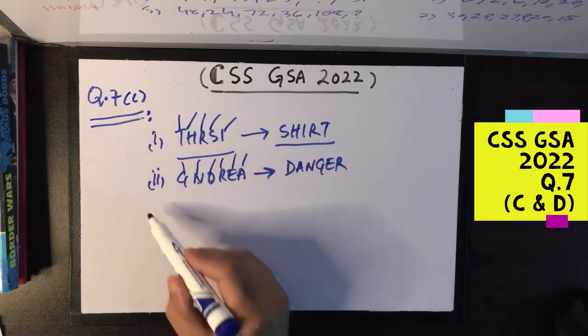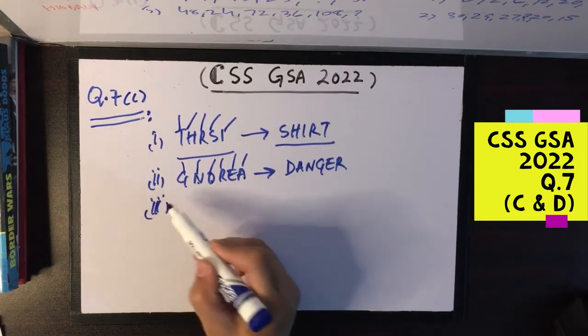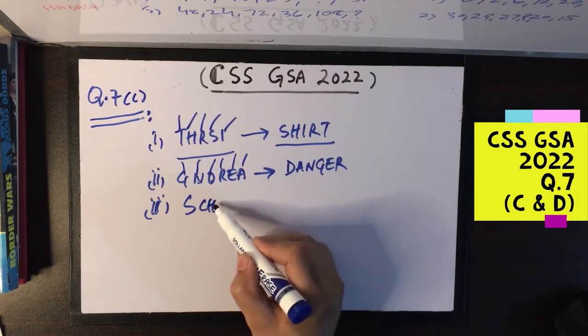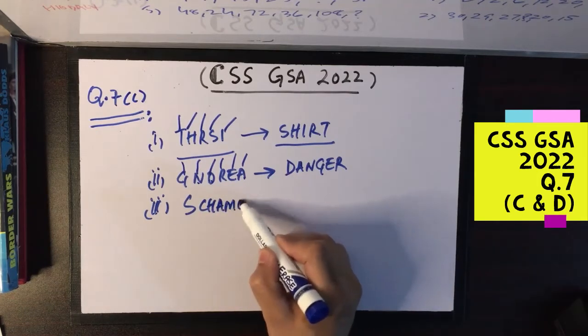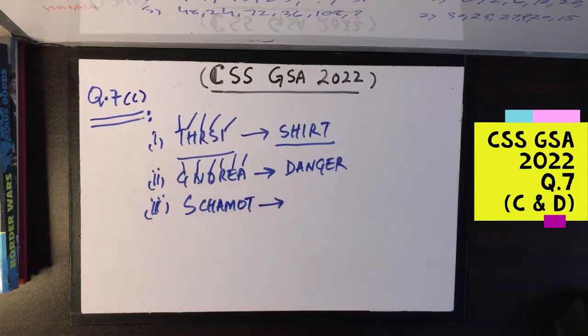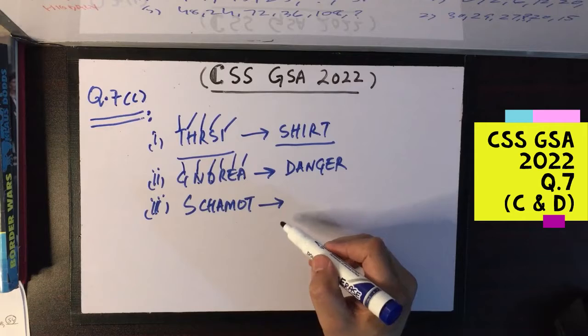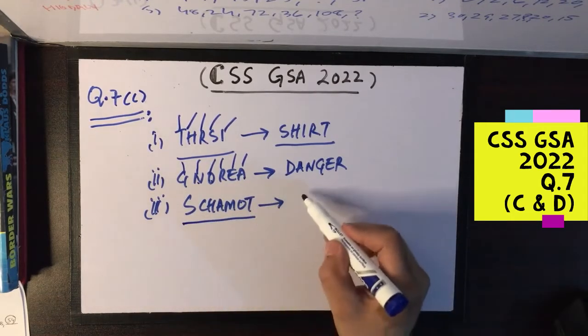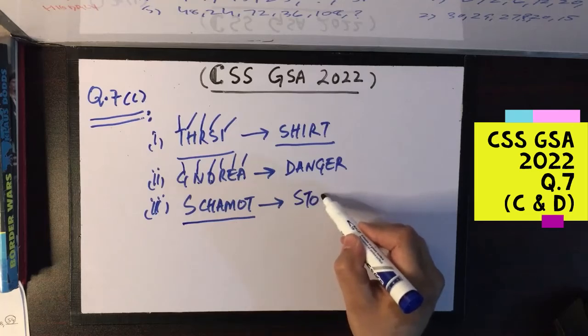Third one is, oh, this one gave me a hard time. It's very simple, but a lack of practice at times turns out to be painful. So this was actually stomach.